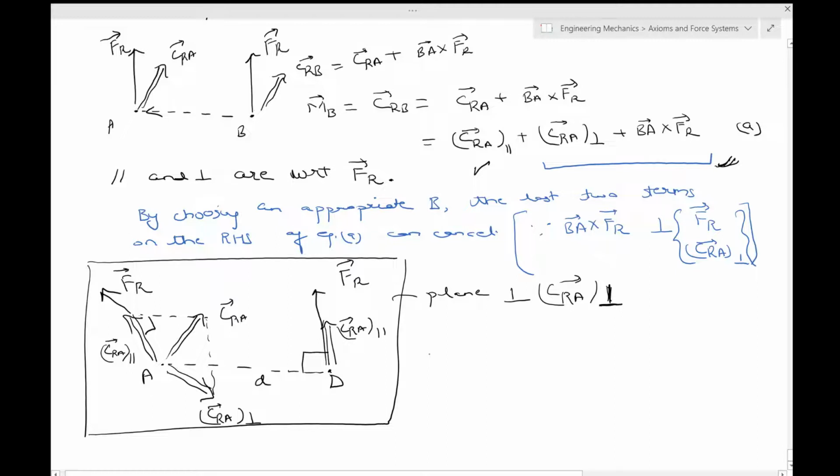The length D, that is AD, is equal to CRA perpendicular by FR.